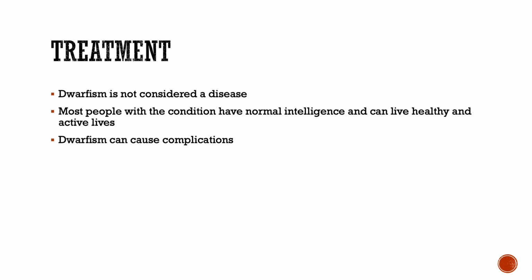So the good thing is that dwarfism is not a disease. We see that there are just genetic mutations, or even hormone deficiencies or imbalances. Luckily, people with dwarfism can still live normal, healthy lives.